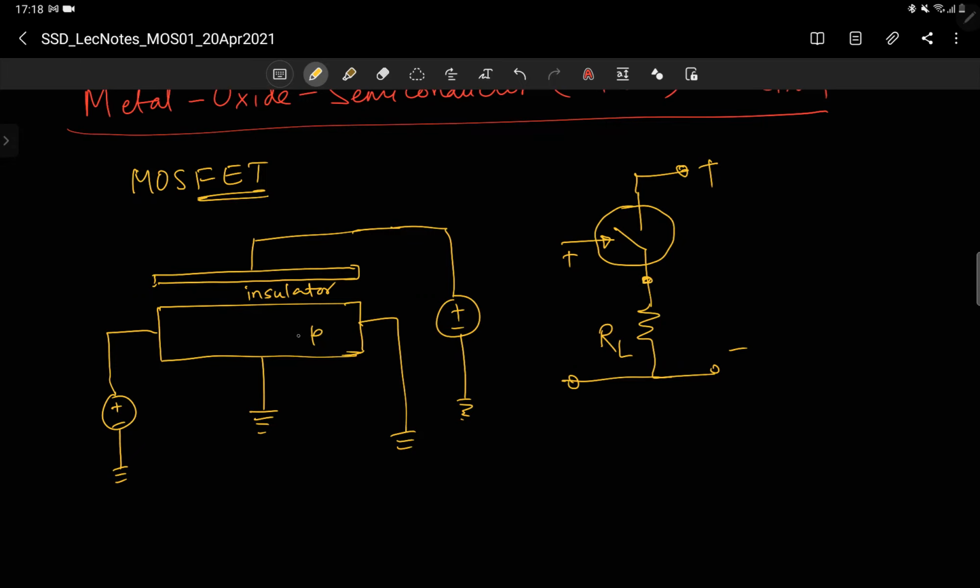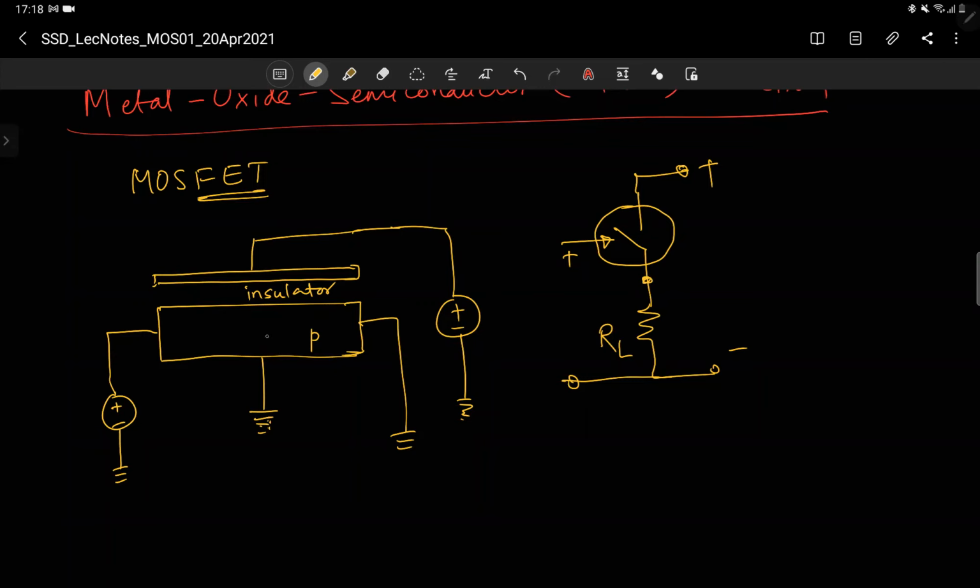So what it means is, the positive field repels these holes, so it will push the holes into the ground. And if I make sure that this entire p region actually gets depleted of carriers, it sends the carriers to ground, and equivalently there is a positive charge on top.